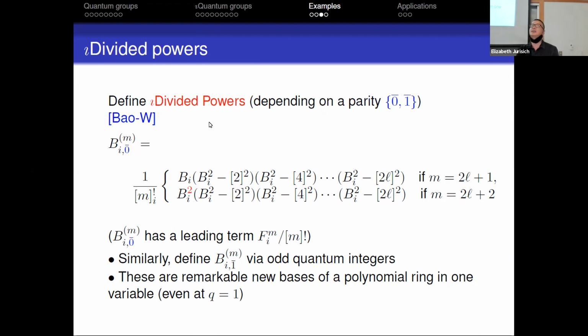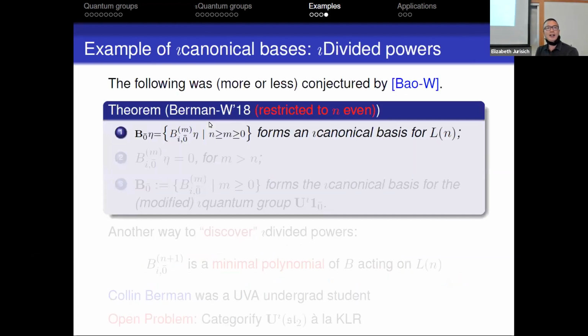This basis has, for example, positivity and integral structure. If you multiply two such basis elements, the structure constants are positive integral. But they are minimal positivity. These come from geometry. And this i-divided power turned out to be the first concrete example of an i-canonical basis.